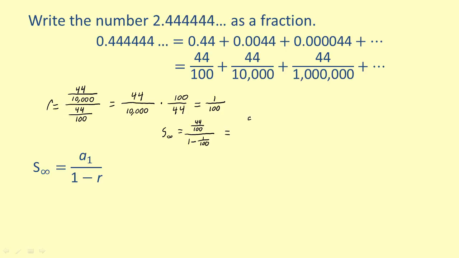We can simplify the denominator to 99 divided by 100, and then, as we did before to find r, multiply by the reciprocal. This gives us 44 over 100 times 100 over 99. We can reduce the fraction to get 4/9. Our solution is 2 plus the infinite sum, or 2 and 4/9.